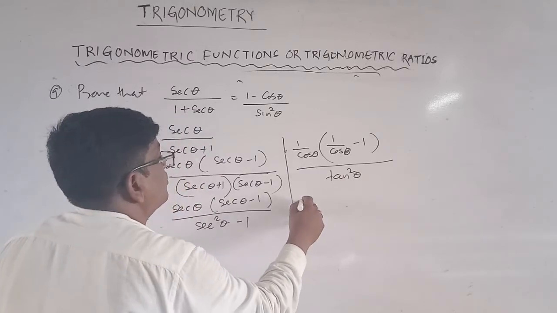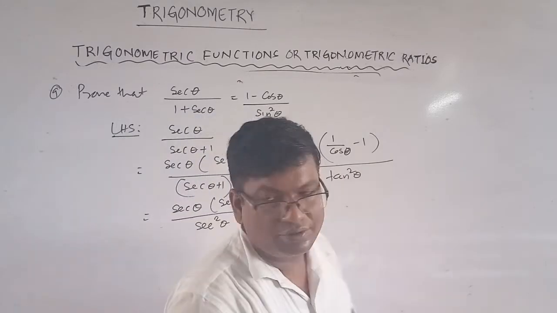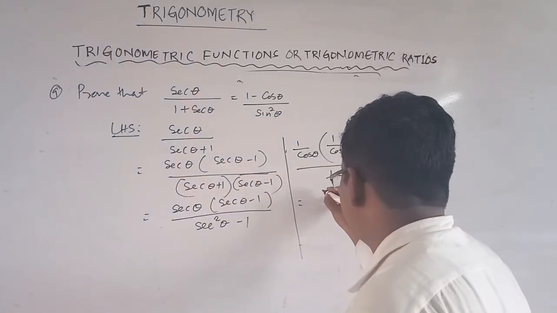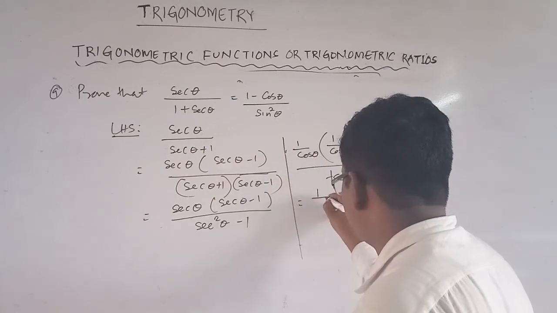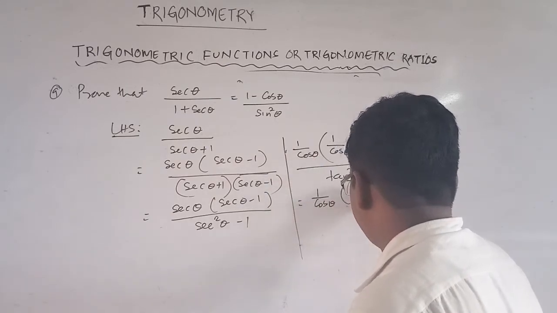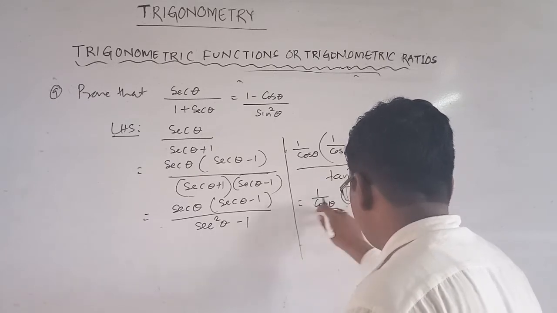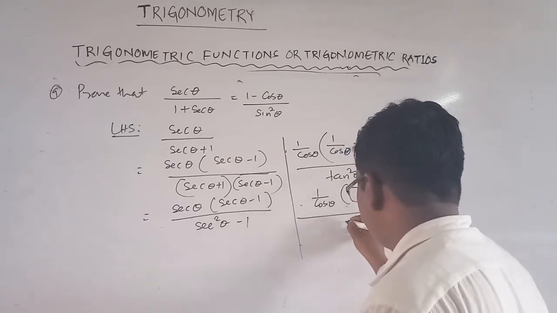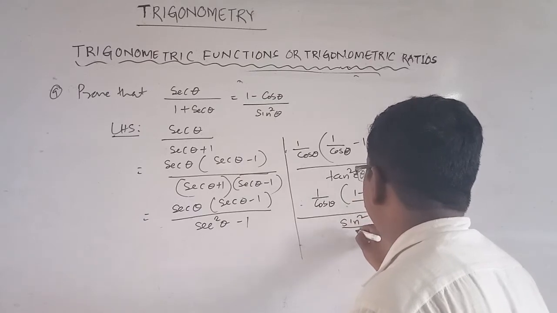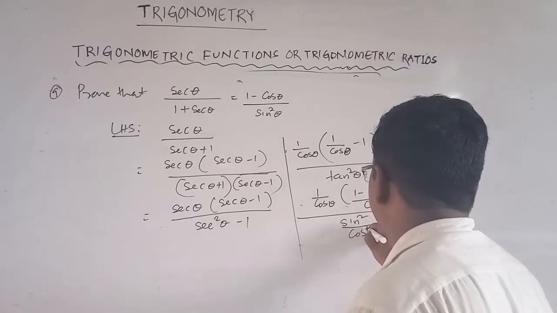Okay, so the LCM is cos theta: 1 by cos theta and 1 minus cos theta by cos theta, divided by sin square theta by cos square theta.